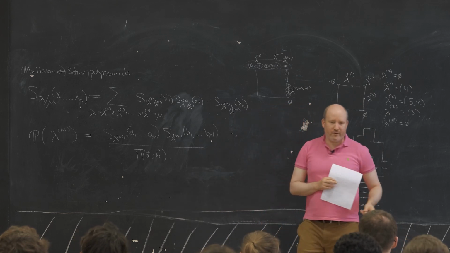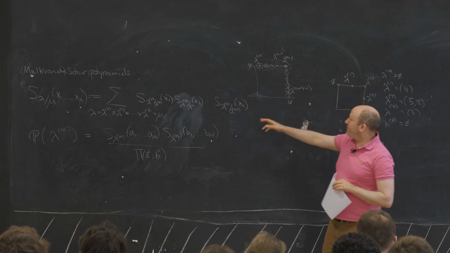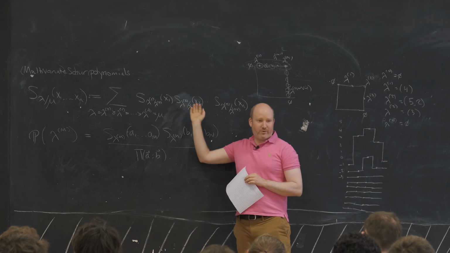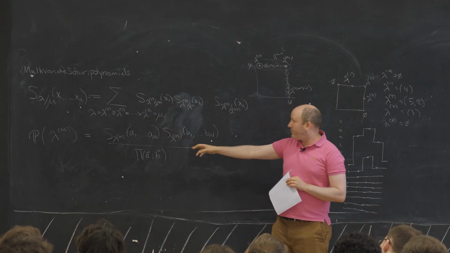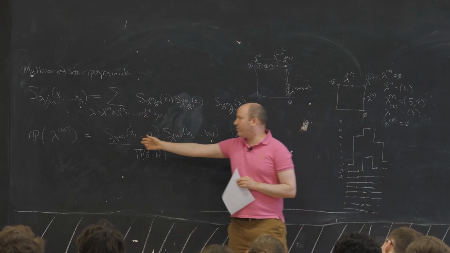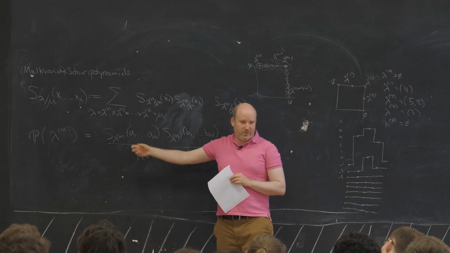Is that clear? We've just used the definition, which was this summing out over all these skew polynomials, to write down a formula in terms of these skew Schur polynomials.